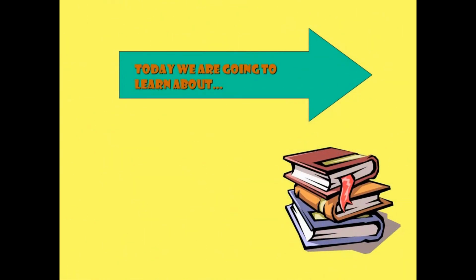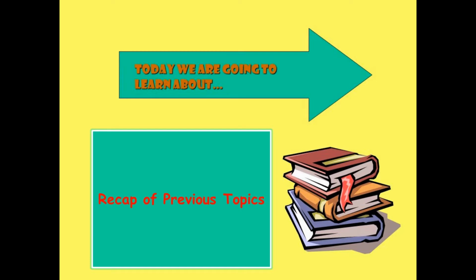In the last tutorial, we discussed data types. In today's tutorial, we will do a recap of all the topics about database that we have discussed. We will discuss what is a database and what is DBMS, what is a table, what is a record, what is a column.